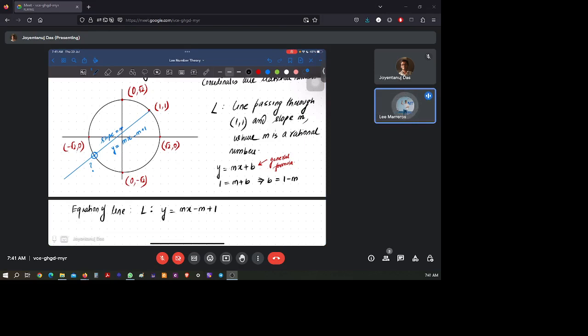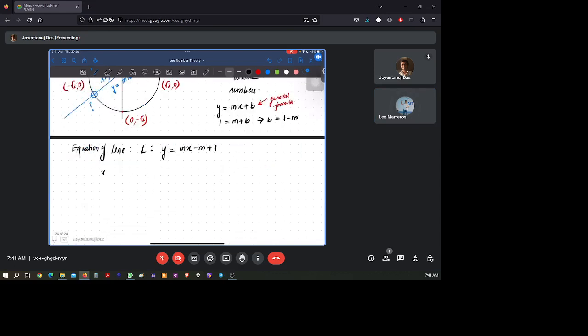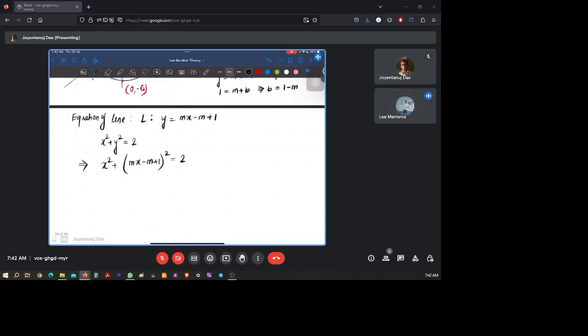We have two equations, the equation of the line and the equation of the circle. So we substitute. I know the equation of the circle is x square plus y square equals 2. So we can replace y, for instance, and the whole square equals 2. Now expand.